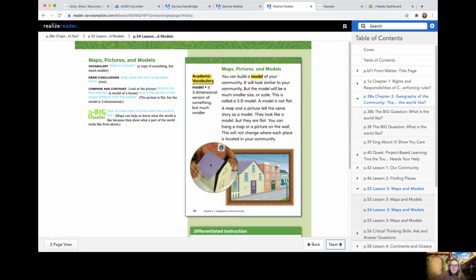And a map and a picture tell the same story as a model, but the map is flat. You can hang up a map or a picture on the wall, but you cannot hang up a model on the wall. Okay?